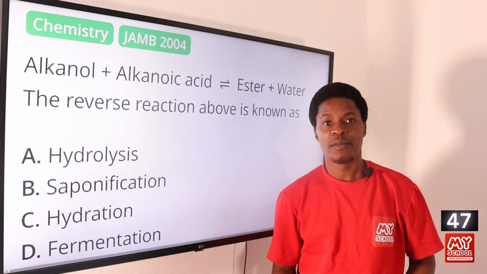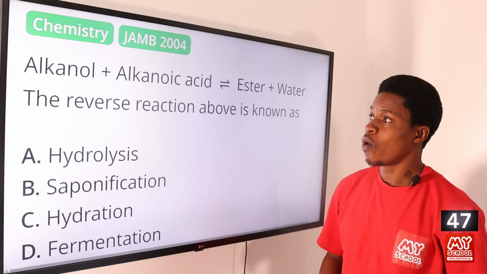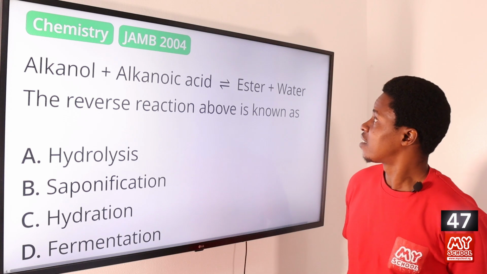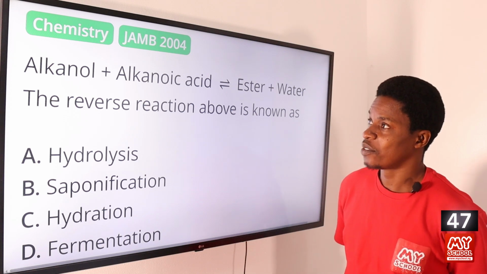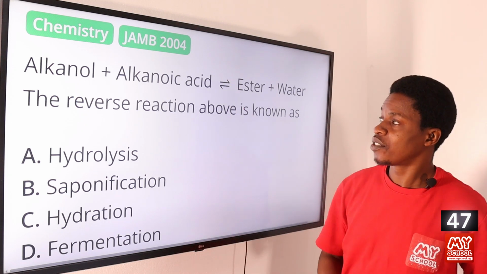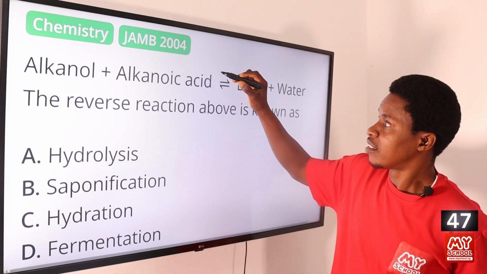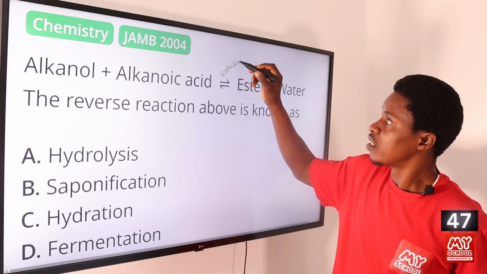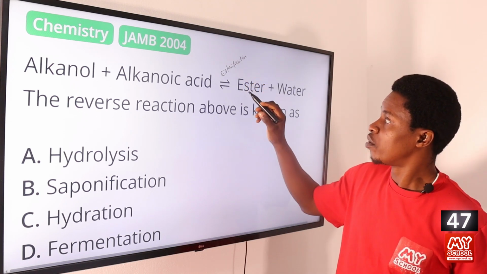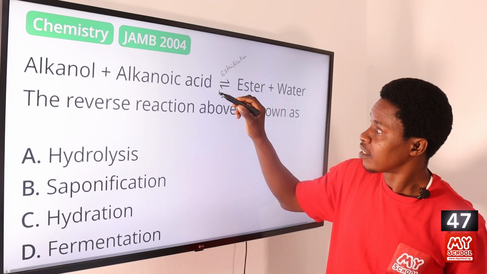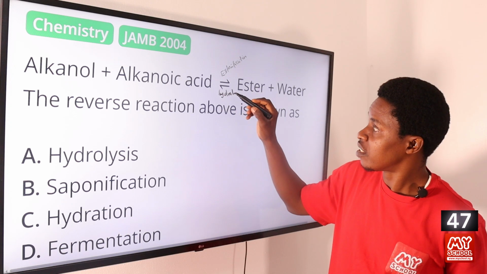Let's move on to question number 47. Alkanol plus alkanoic acid gives ester and water, of course. We have a reversible reaction here. The forward reaction is referred to as esterification because it involves the formation of ester. The backward reaction is referred to as hydrolysis.